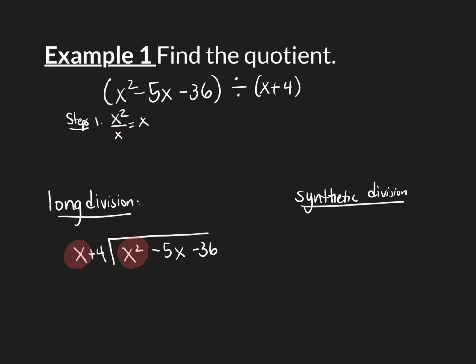And then I put that answer above its like term in the problem. So I'm going to put it above minus 5x. Step 2 is multiply. I'm going to multiply what I just put on top of the problem with the divisor. So I'm going to multiply x times x plus 4. And I'm going to distribute. That would give me x squared plus 4x.